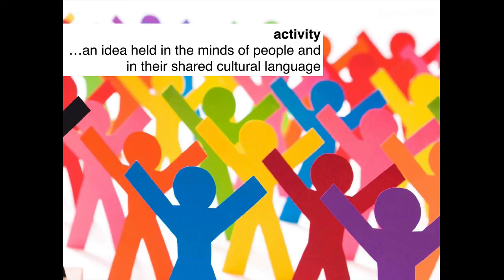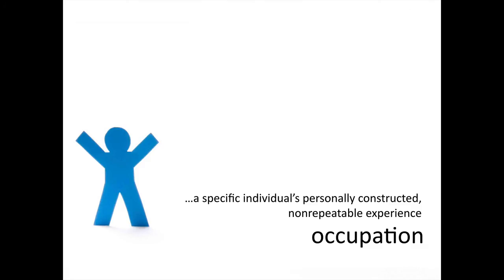An occupation, on the other hand, is a specific individual's personally constructed, non-repeatable experience of that thing. So we could talk about me going for a walk around the block for some exercise. That's my occupation of going for a walk, but it will be very different from somebody else's.